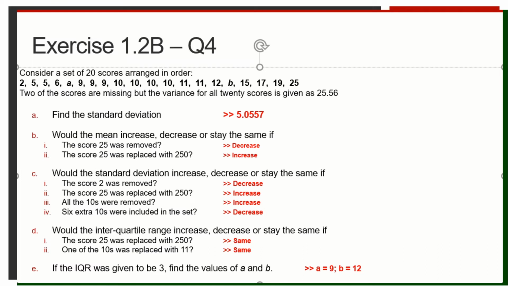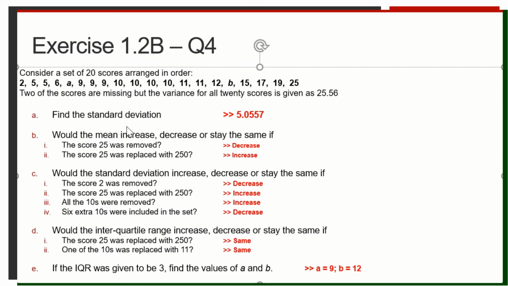If they've given you the variance, can you find the standard deviation? Yes, you should be able to. You just square root 25.56, you will get 5.0557. You will leave it in 4 decimal places, because they didn't state anything here.